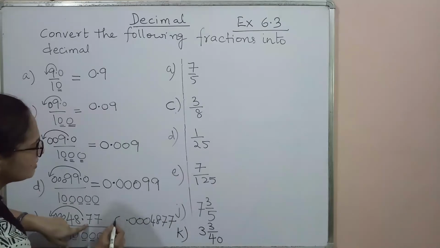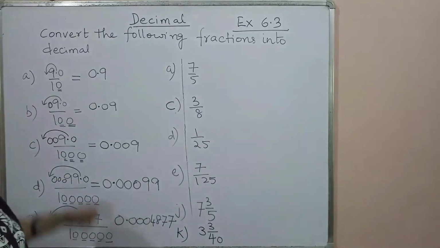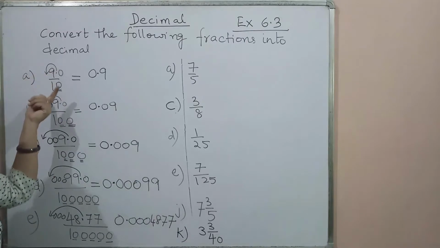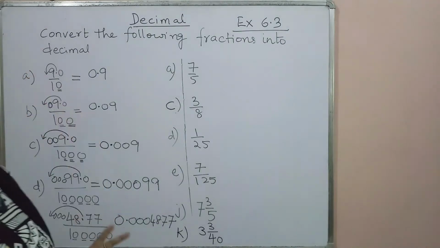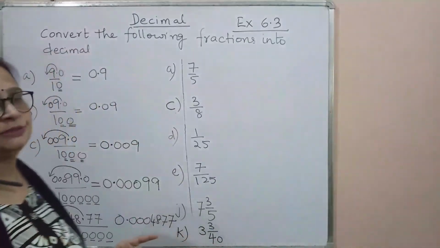This is your answer, and for good habit we need to add a 0 before the decimal. This is the way we divide any number by 10, 100, 1000, and so on. Our work becomes very simple because we just have to shift the decimal.